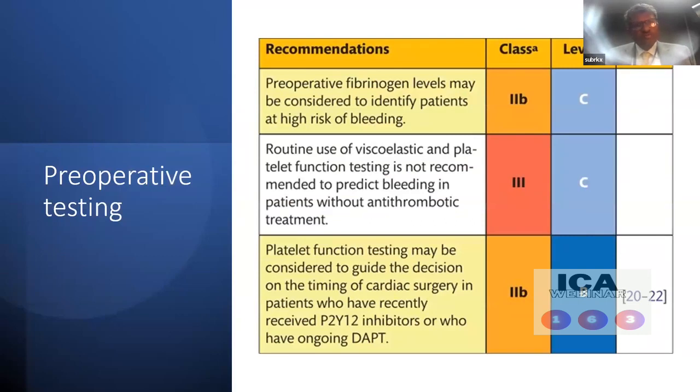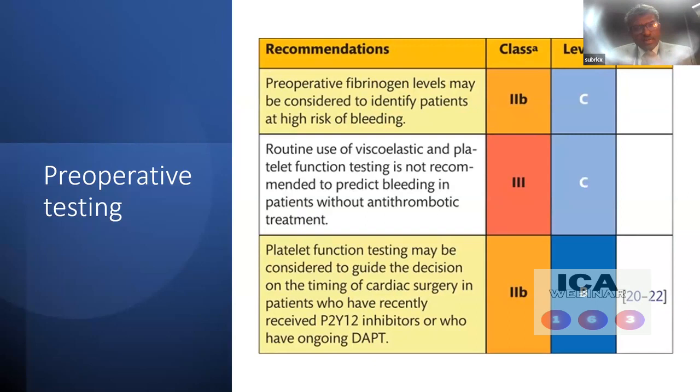So let's start from the preoperative phase. What is the preoperative testing we can do? We know that preoperative fibrinogen levels may be considered to identify patients at high risk for bleeding. Other testing, like viscoelastic testing or platelet function testing, is not recommended to predict bleeding in patients without antithrombotic treatment.